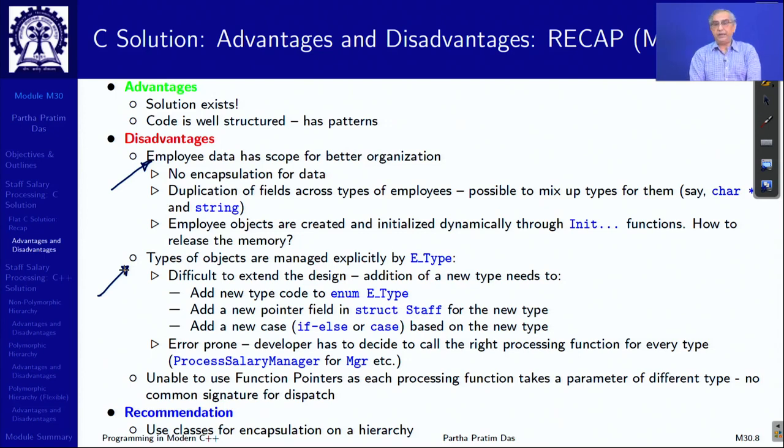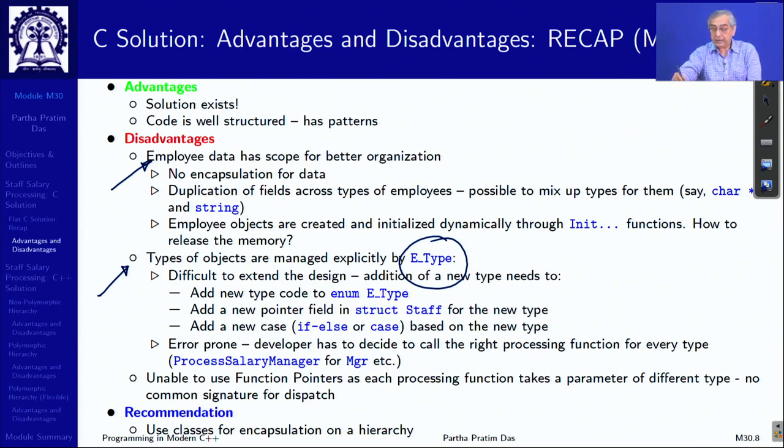I mean, engineer, manager, director all are related in a strong way. So, we needed to do an explicit management through an E-type tag, and that makes the addition of new types difficult and error prone. There is a function switch and all of those difficulties. We are not being able to use function pointers because of non-uniformity of processing function signature and so on.